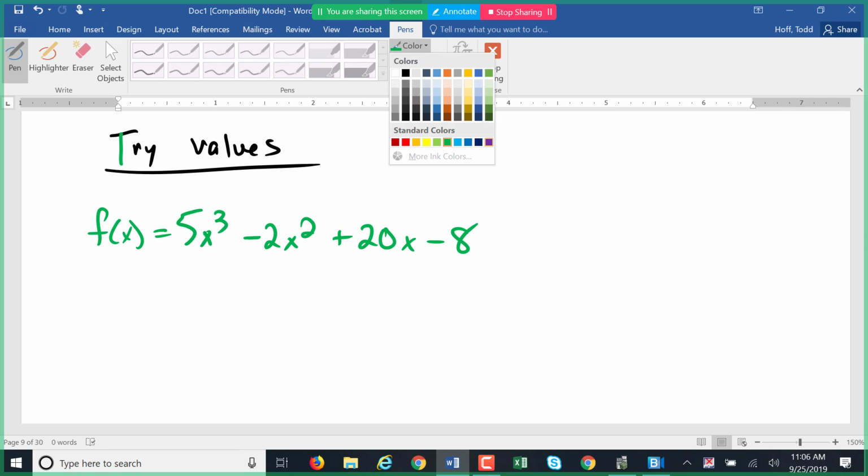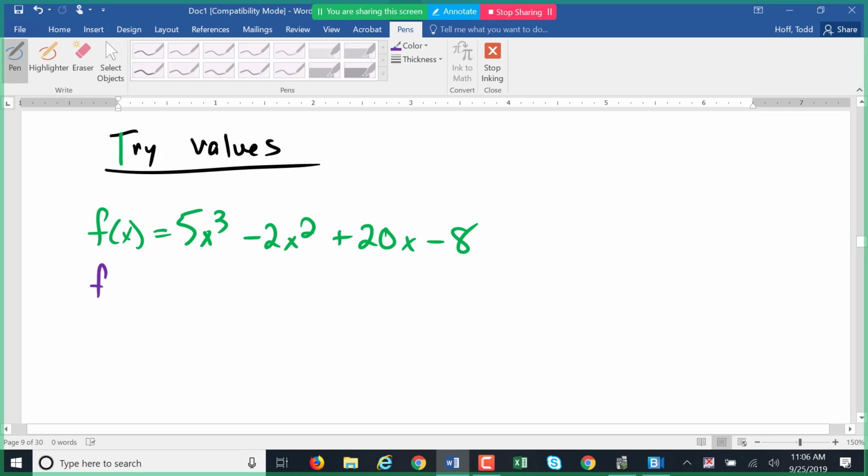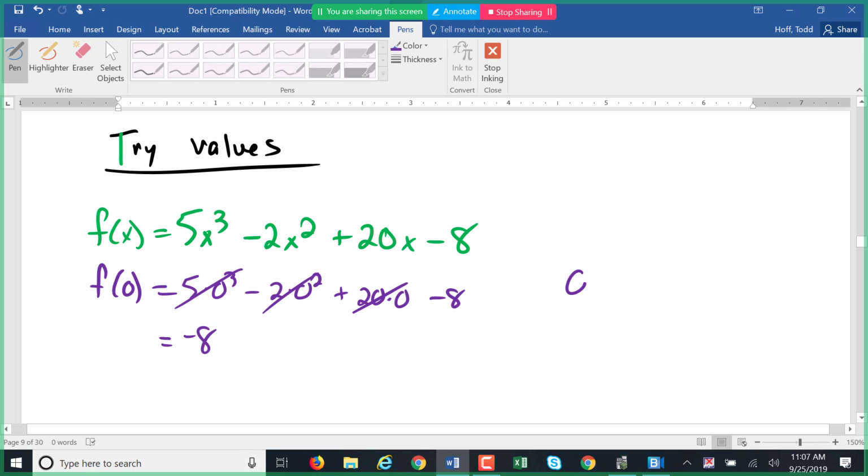Let's say, because it's an easy one to calculate, let's calculate f of 0. f of 0 would be 5 times 0 to the third minus 2 times 0 squared plus 20 times 0 minus 8. Well, it's pretty easy to see that all those terms are 0. That just equals -8. So that gives us the point on the graph of 0, -8.